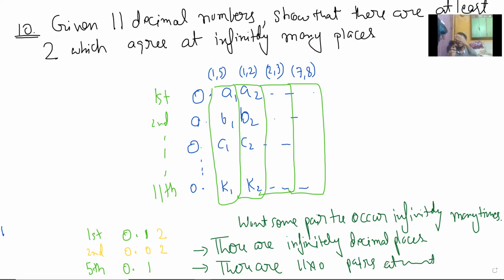And there are infinitely many columns. So some pair will have to come infinitely many times. Otherwise, how are you going to get infinitely many columns?